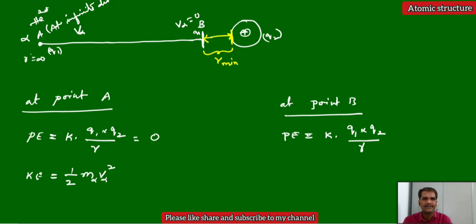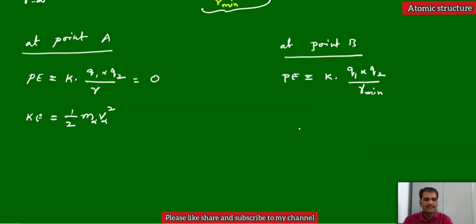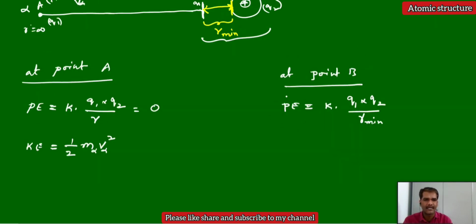At what distance are they placed? At the minimum distance, R minimum, which is nothing but the closest approach. So we have a certain value here. At point B we have a considerable amount of potential energy, but at point A the potential energy is 0, because it is present at infinite distance. Here R is equal to infinity.